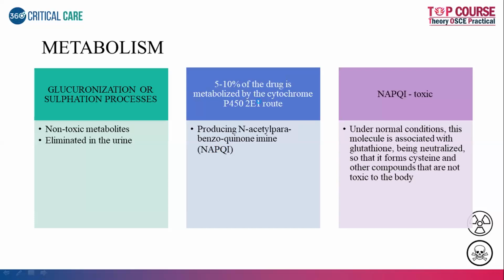Okay, and this NAPQI is actually toxic. But because of the presence of glutathione in our body, this NAPQI is converted into non-toxic forms like cysteine and other compounds which are then excreted in the urine. Okay, so normally a small amount, around 5 to 10% of NAPQI, is formed. But because of the glutathione stores in our body, it gets converted to non-toxic forms and gets excreted. This is the normal metabolism.